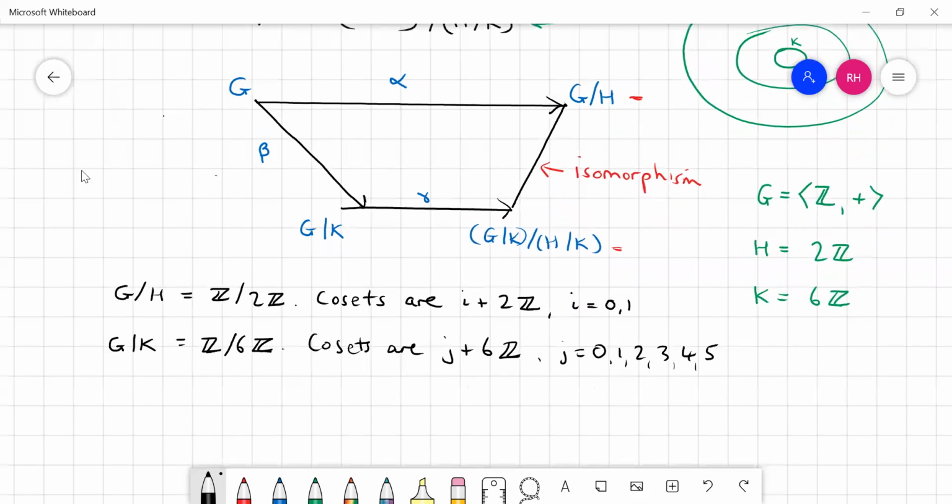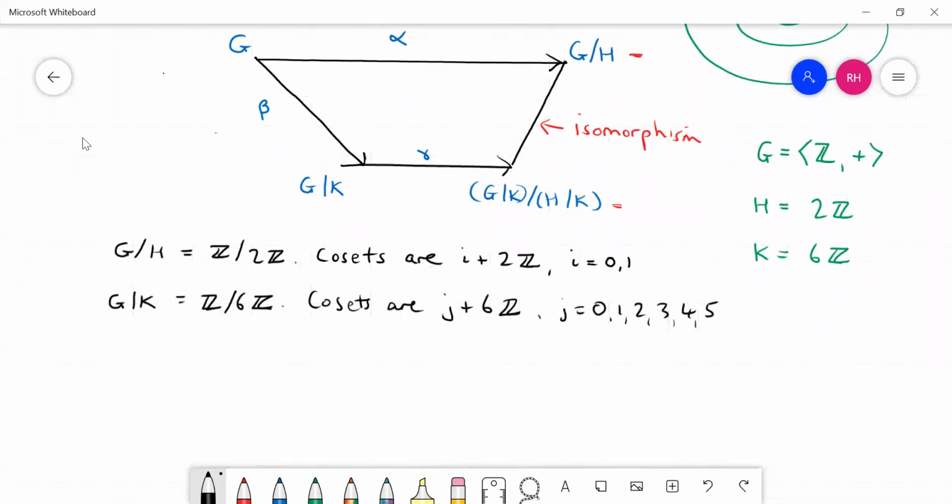The next thing we're going to need is H quotiented out by K. Sorry, I keep writing vertical lines; they actually should be at an angle like that. HK, so what's H? H is 2Z, and we're quotienting out 6Z. So imagine you're talking to an alien. He understands 6Z, but he doesn't quite get 2Z.